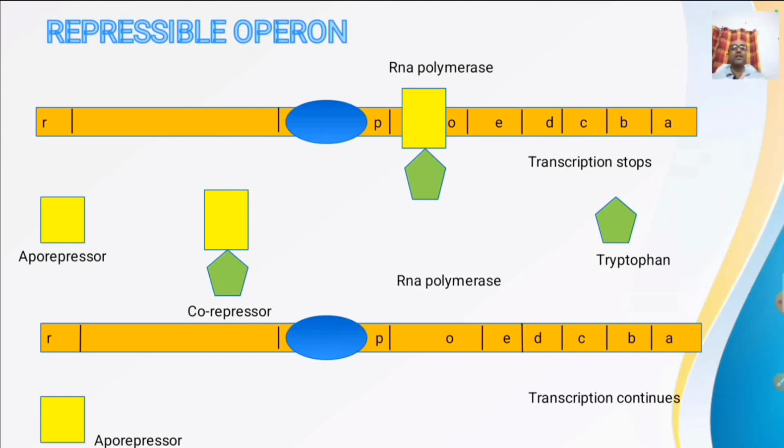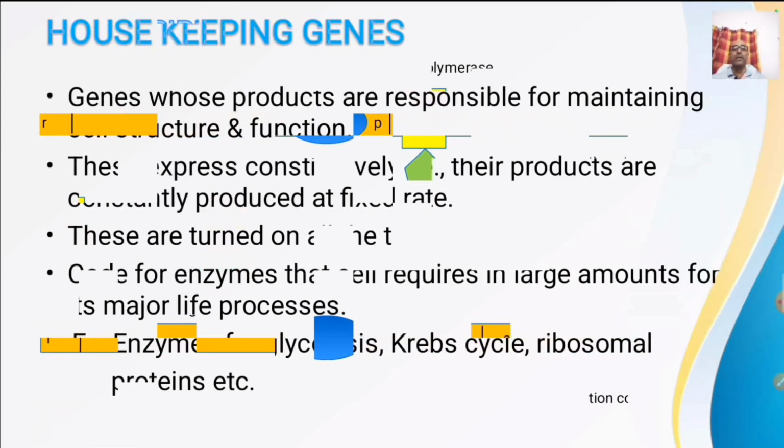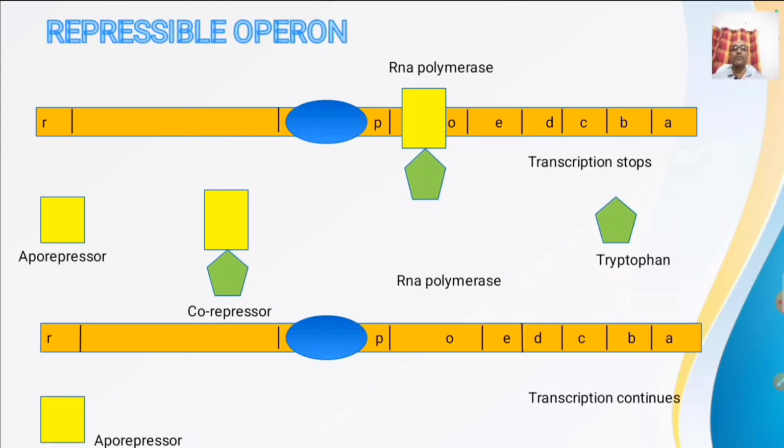Now the second case: what will happen when tryptophan is absent? When tryptophan is absent, there is need for the synthesis of enzymes which will result in the synthesis of tryptophan. So transcription needs to continue.